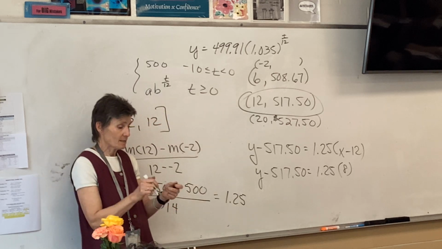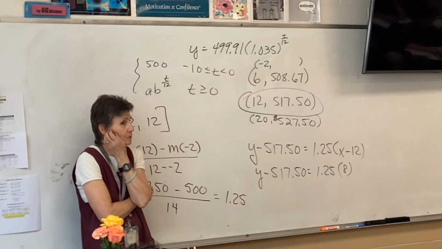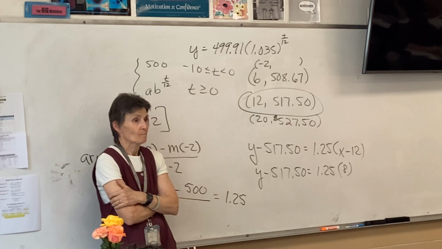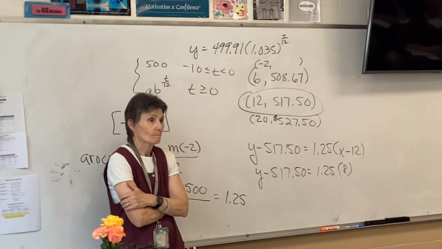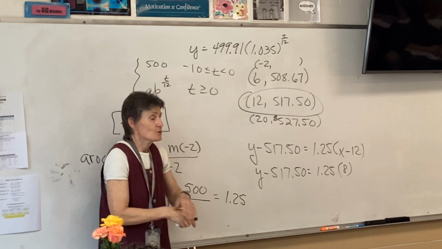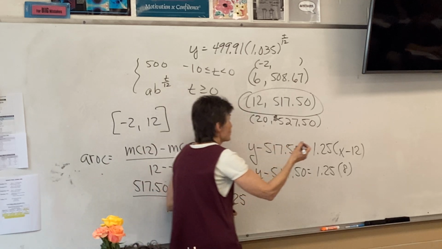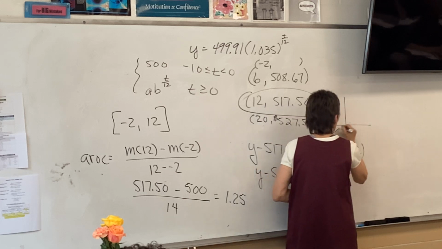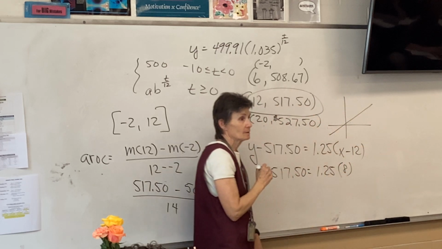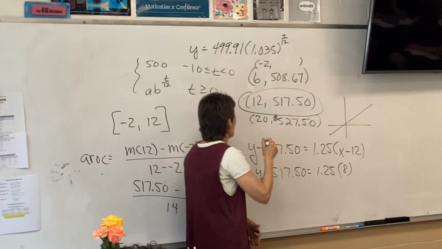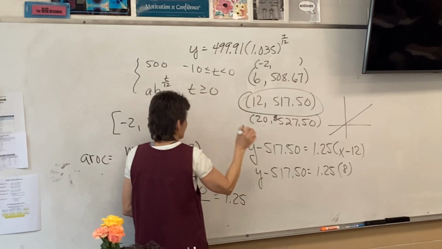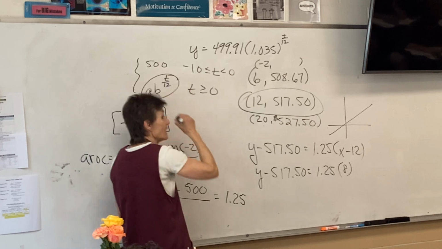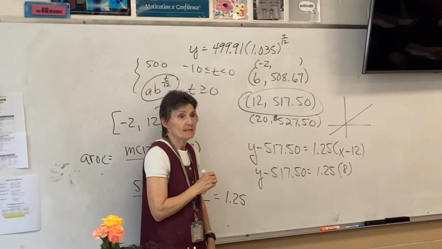Can anybody explain why that's true? Alex? Because the slope of the exponential function is continually increasing. Exactly. So your model has a slope of 1.25, but the actual relationship is exponential.